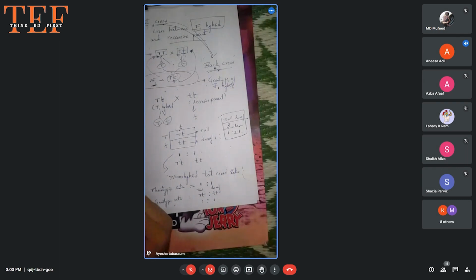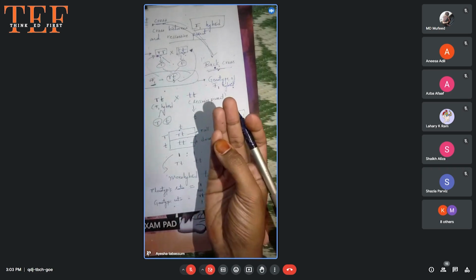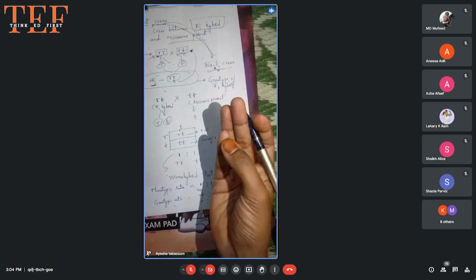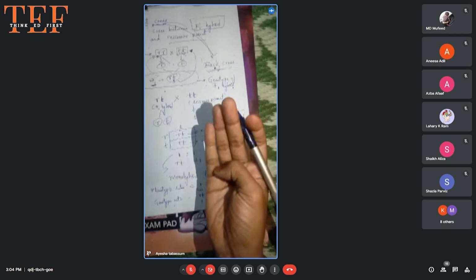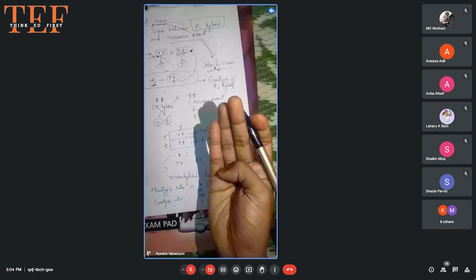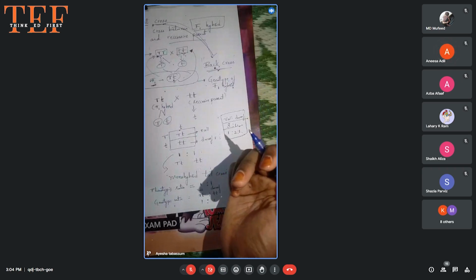Understood? If we go for incomplete dominance, the ratios will be the same. If we go for the test cross, the ratios will be the same. Clear?